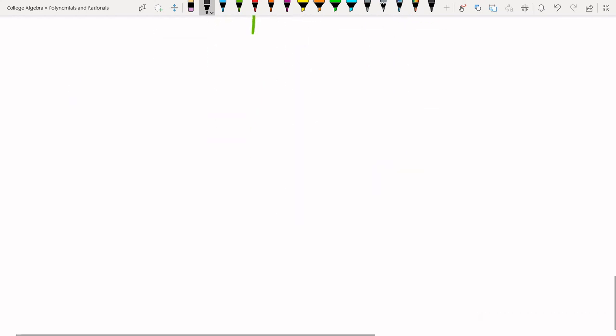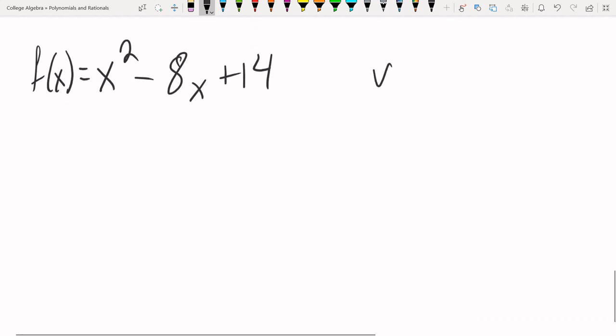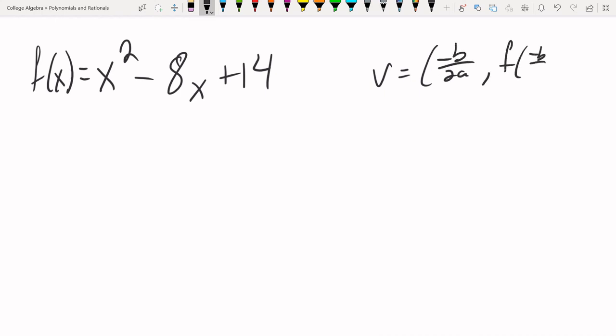So let's look at this function here, and let's find the axis of symmetry. So the vertex is going to be at negative b over 2a, and then f of negative b over 2a. So let's see, negative b is negative 8 over 2 times a, which here is 1.